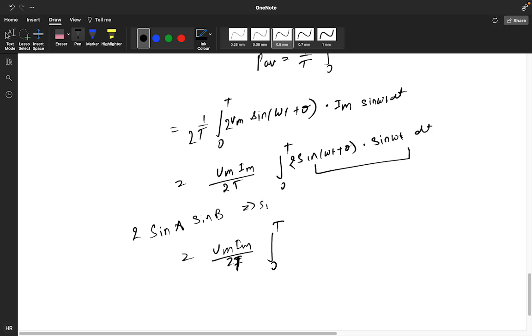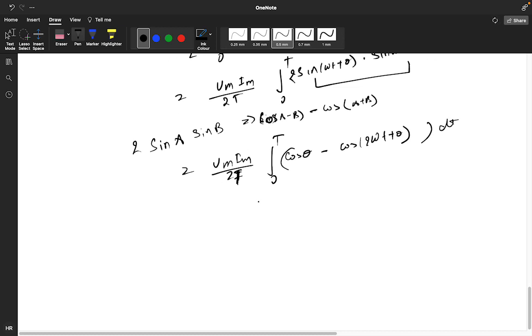So this is nothing but sine A minus B. Oh sorry, cos will come. Cos A minus B minus cos A plus B. This is the formula of 2 sine A sine B: cos A minus B minus cos A plus B. So what you will get? You will get cos theta minus cos 2 omega t plus theta into dt.